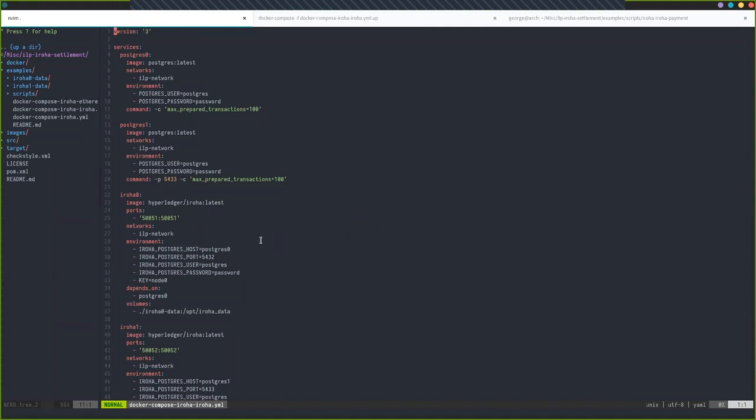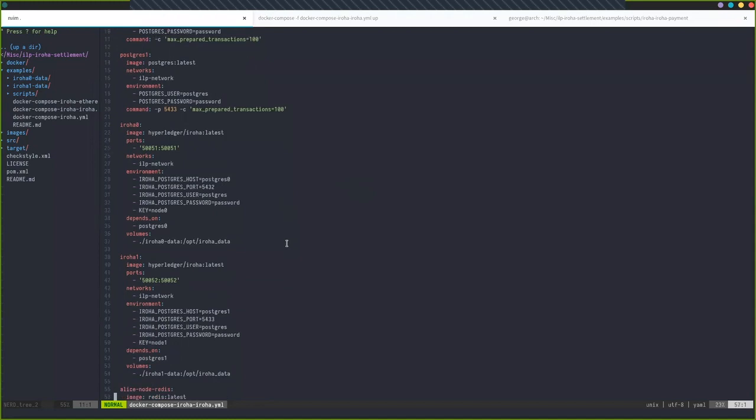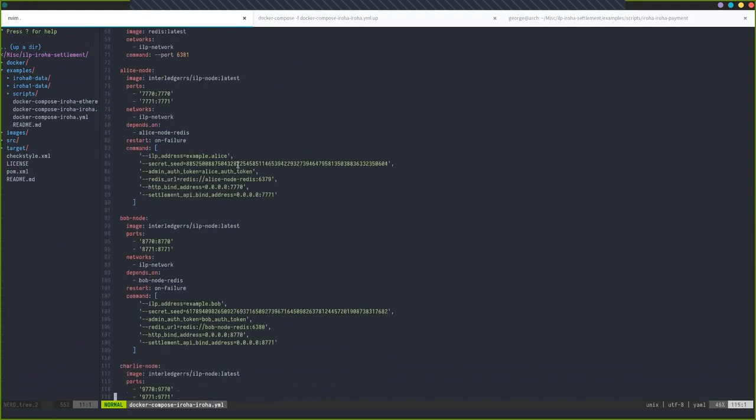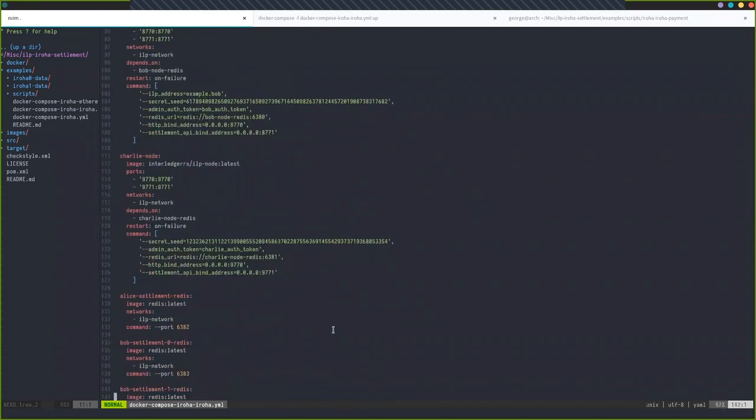So we can see that we have two Iroha blockchains, Iroha 0 and Iroha 1. We have three Interledger connectors or Interledger nodes. We have Alice, Bob, and Charlie. And in this example, Alice will send some money to Charlie, and they both reside on different Iroha blockchains.